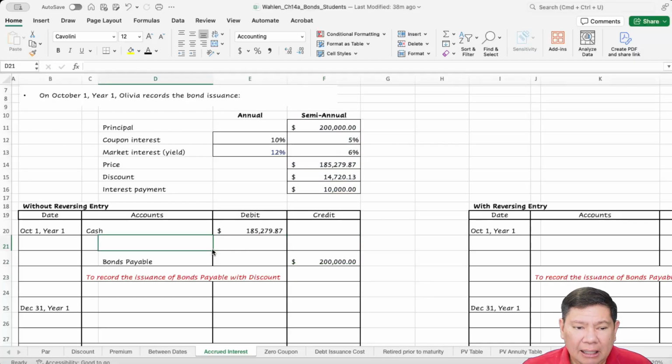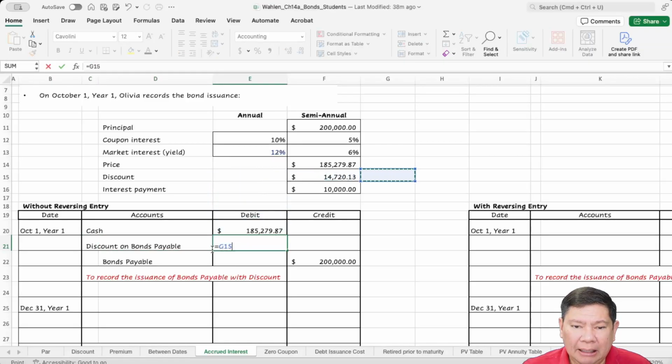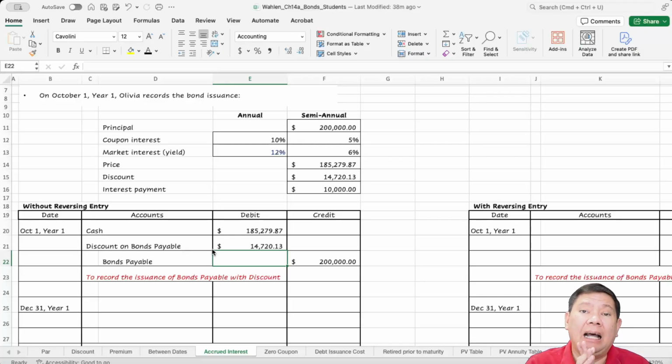And the difference would be the discount on bonds payable, which is 14,720.13. That's how we prepare the journal entry at the time of issuance.